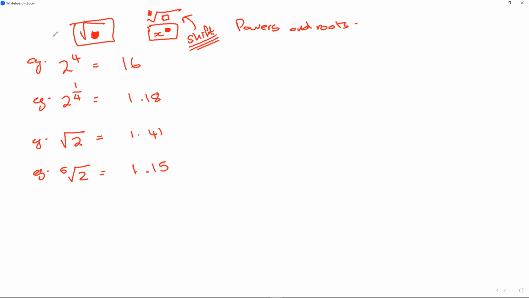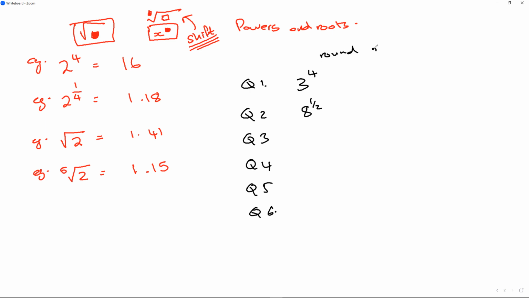Let's see if you can trial this before we bring in a bit of manipulation of these. Okay, so there's question 1, question 2, question 3. Using a calculator, see if you can calculate the following. 3 to the power of 4, 8 to the power of half, and please round to 2 decimal places.